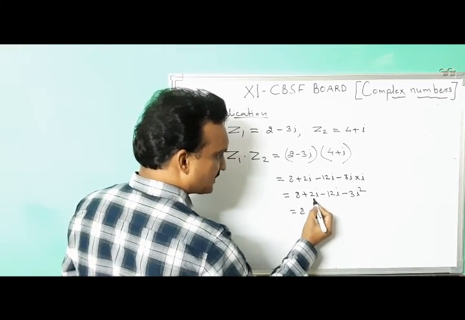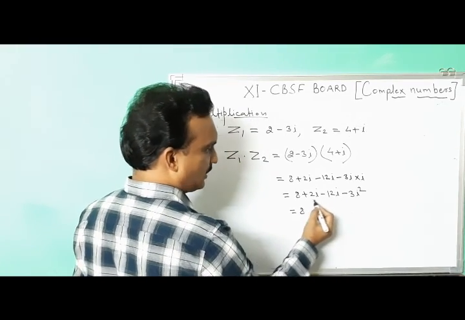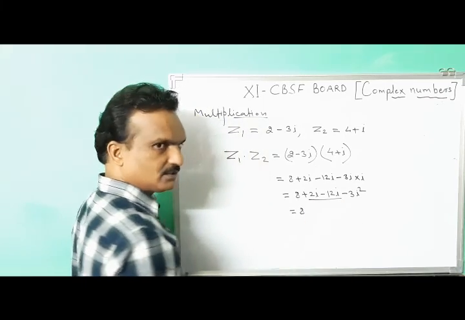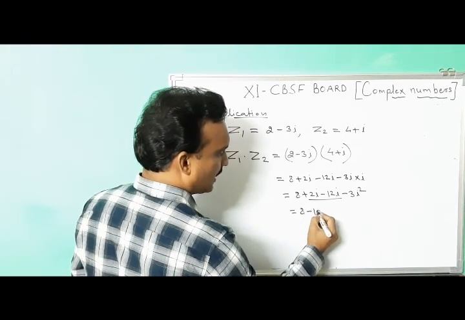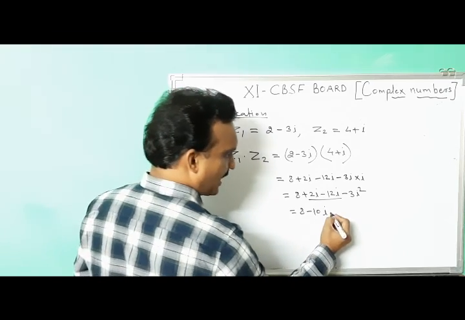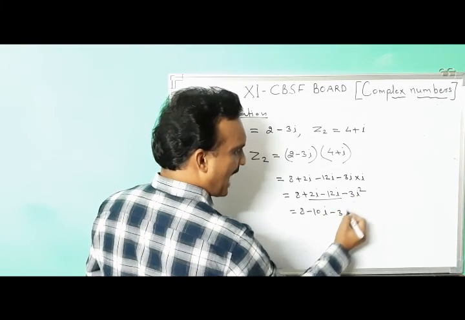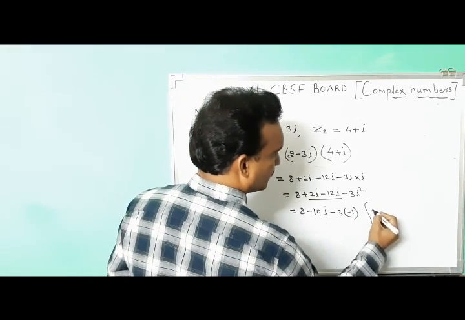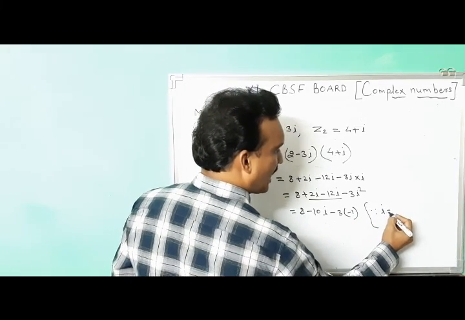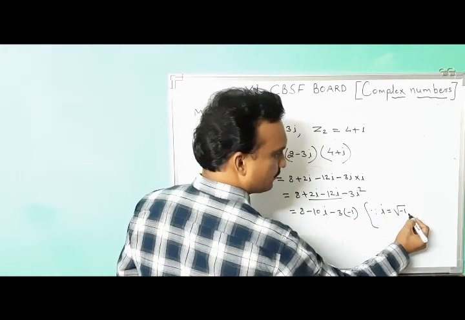8 plus 2i minus 12i. These two are like terms. 2i minus 12i will give you minus 10i. Minus 3i square is minus 1, right? Because you know that i is root of minus 1.